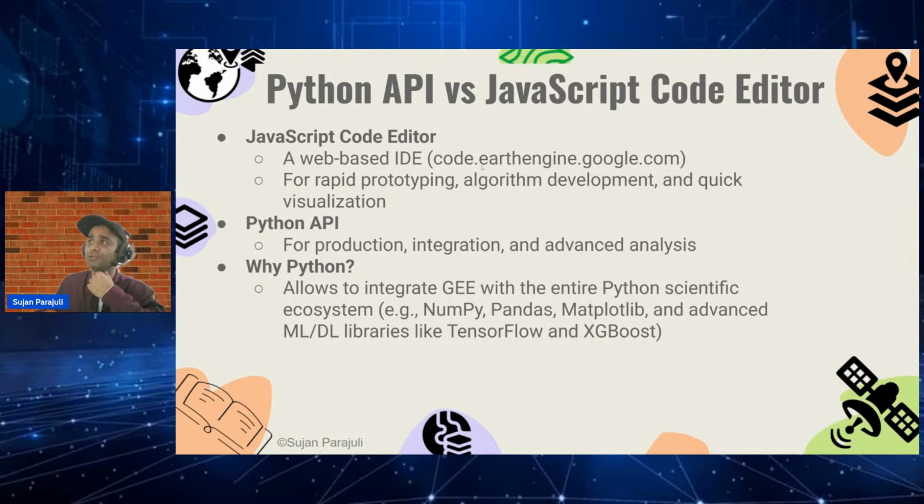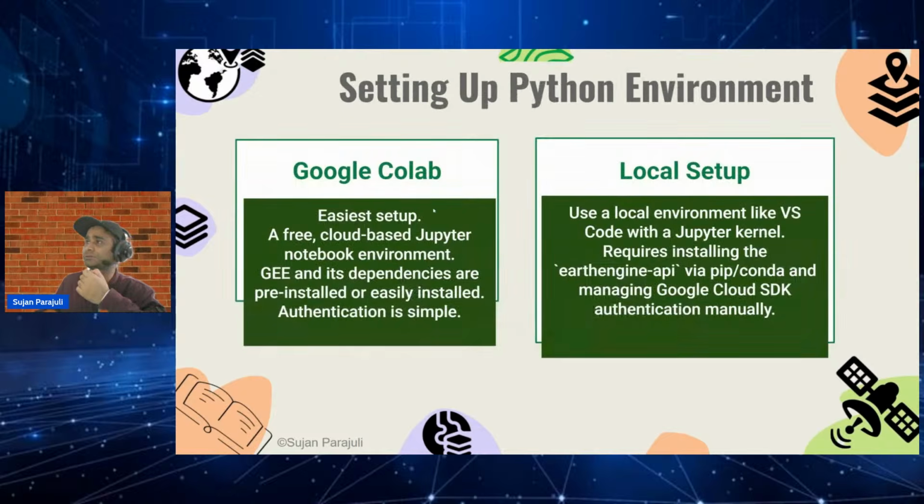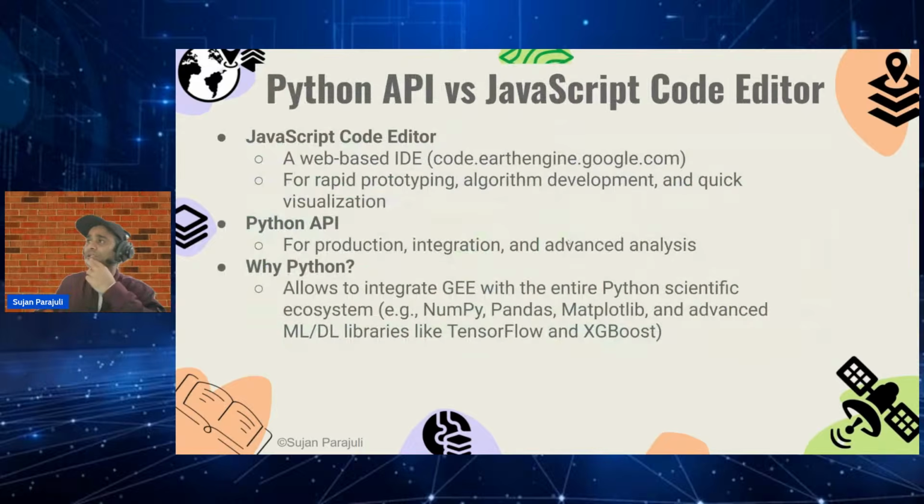If you go to the code dot go link, it opens the IDE. On that IDE, all you do is JavaScript, so you need to understand JavaScript. But you can also use the Python API, also using Google Colab, geemap and everything. You can use that one.